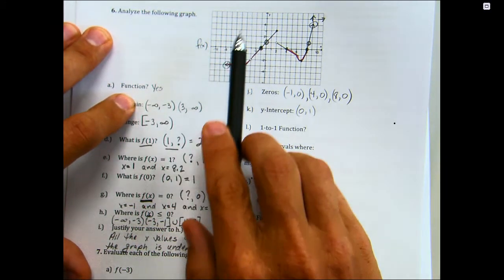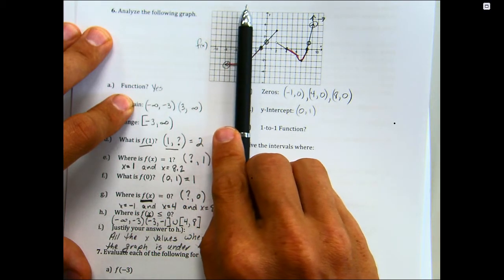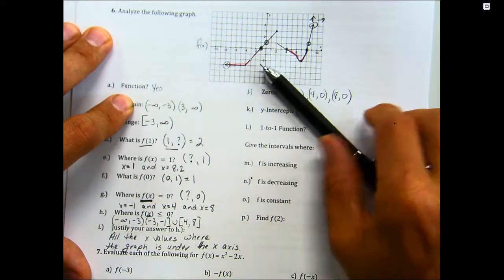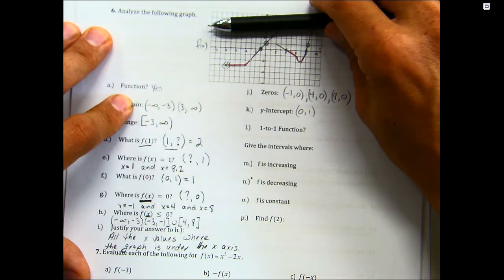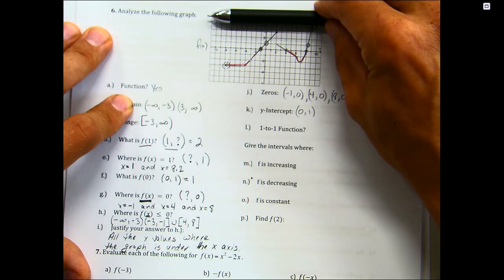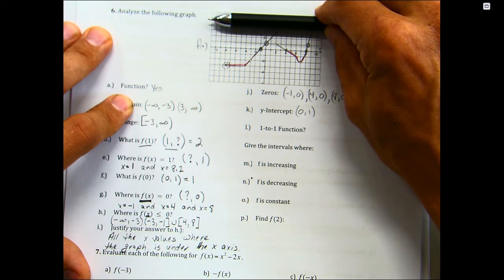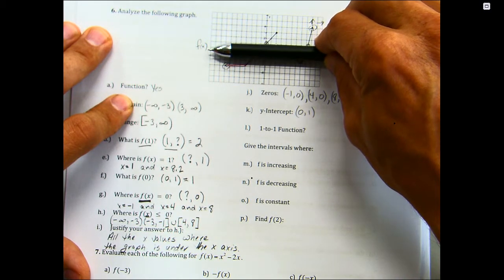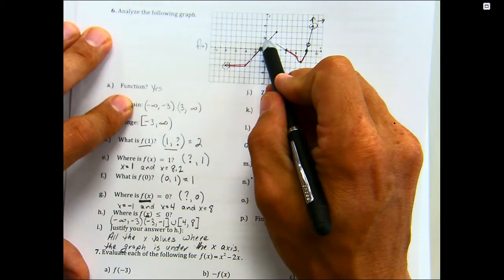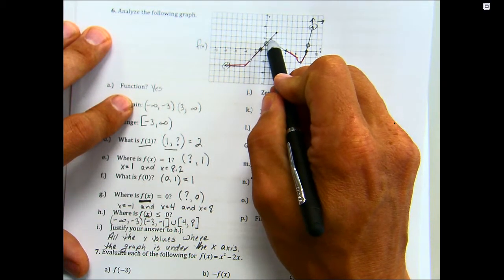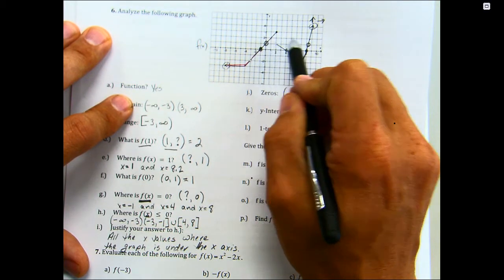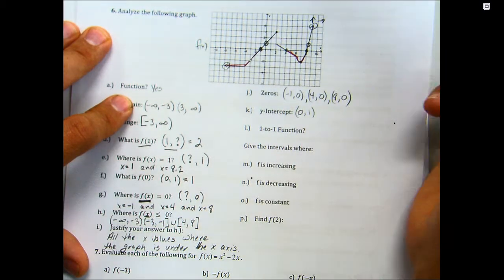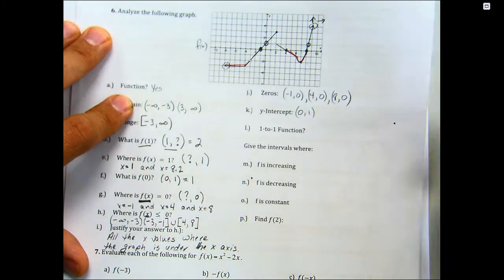So for a function, you check with the vertical line test. Okay, is there only one y for each x? But then for one-to-one, you do that, and as well, you're going to say, is there for every y value only one x? So that means that you can only have one x value. And here there's a bunch of places, like for y equals 2, for example, there's 2 x's where the height of the graph is 2. Down here, if I go to 0, there's 1, 2, 3 values for x at the height of 0.